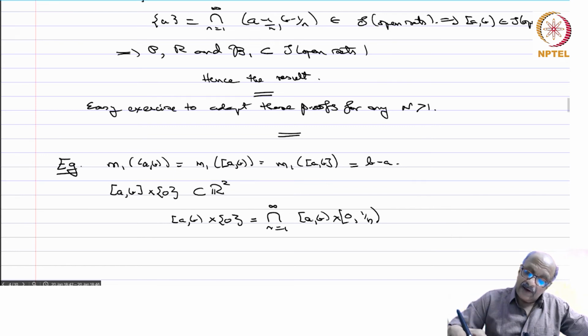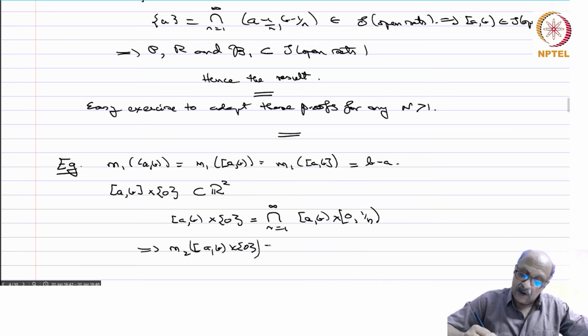And again, this is a decreasing sequence, therefore for the intersection, all of them have finite measure. We know the measure of this set, which is (b - a) times 1/n, and therefore this implies M2 of [a, b] cross {0}, the Lebesgue measure in R^2, is the limit of (1/n)(b - a), n tending to infinity, and that's equal to 0.